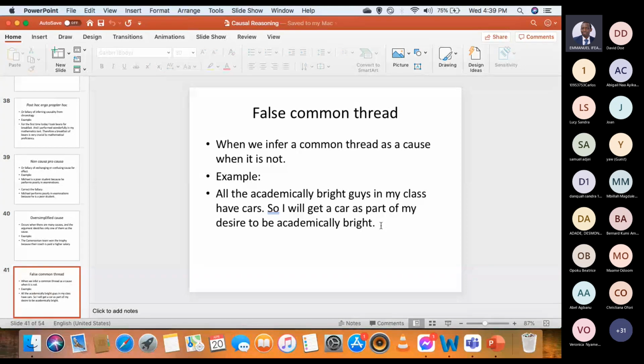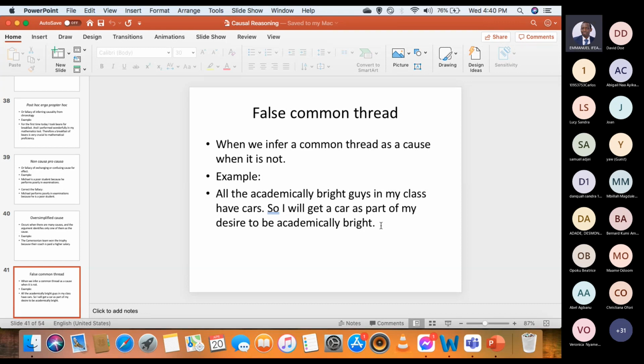If, for instance, you are able to find out that the cars they have spare them the agony of a 3-hour journey to campus, whilst other students have to trek for 3 hours to get to campus to study, and the 3-hour daily difference tips academic performance in their favor, then you can say yes, having a car contributes to being academically bright.